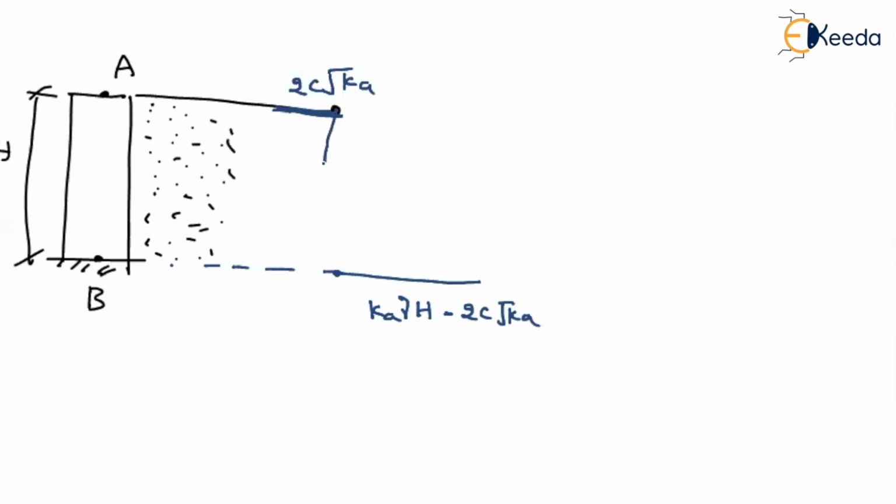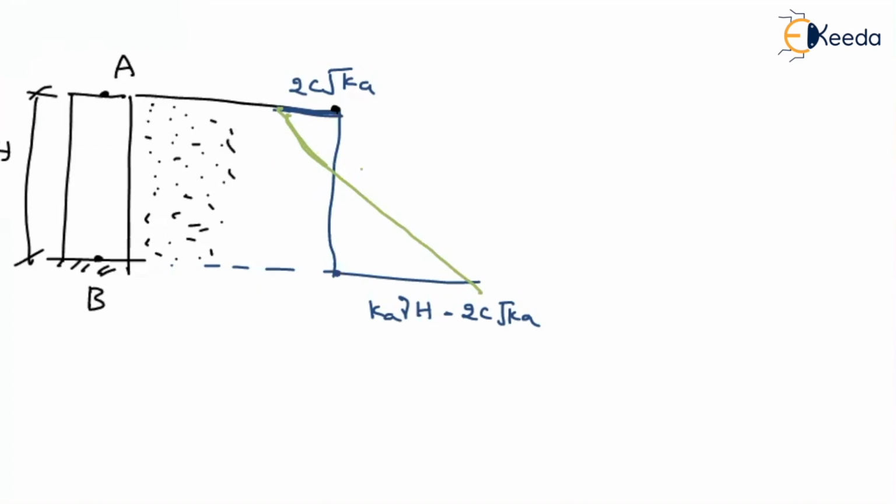If you join these two points, they vary linearly. Let me represent a line like this and join these two points.